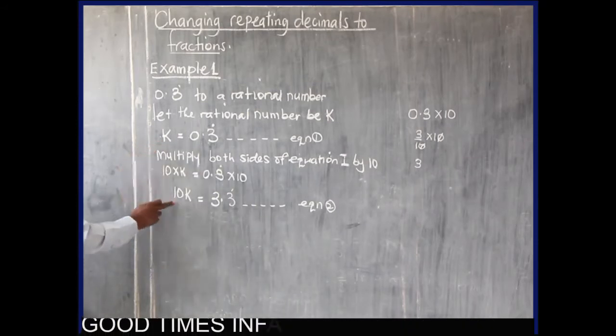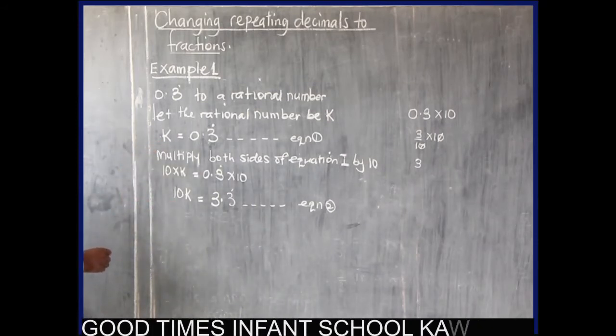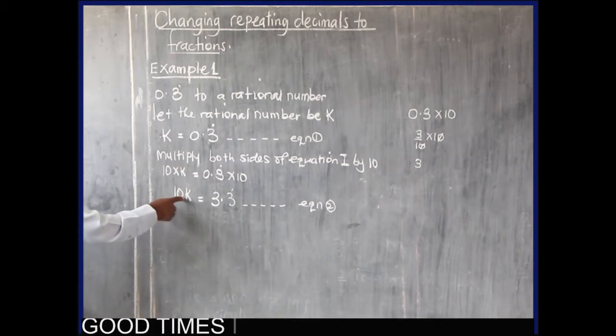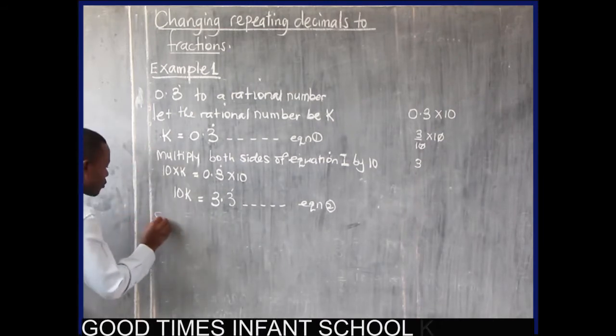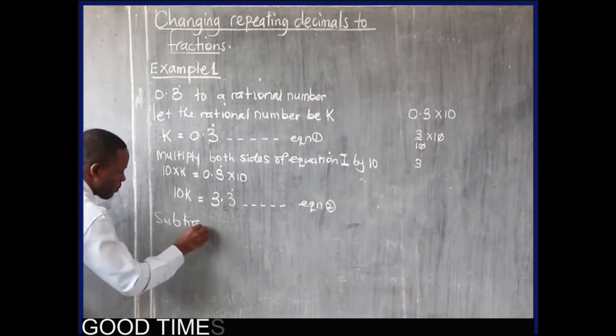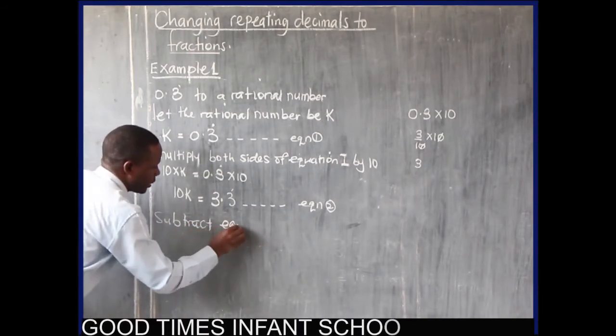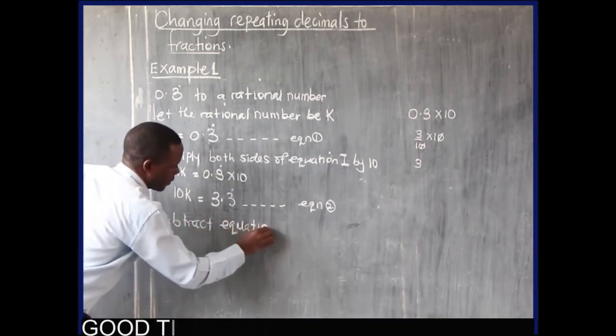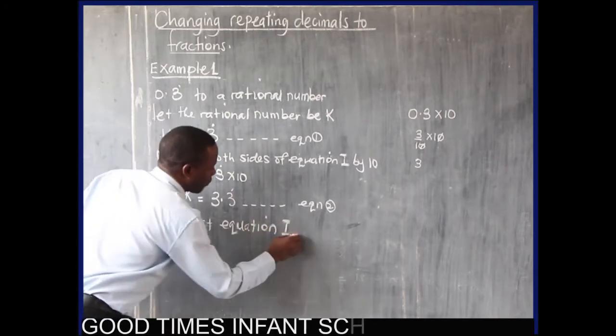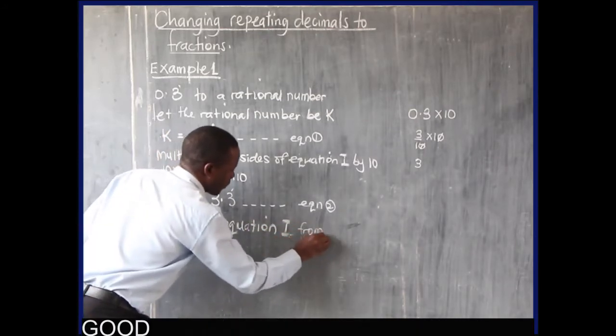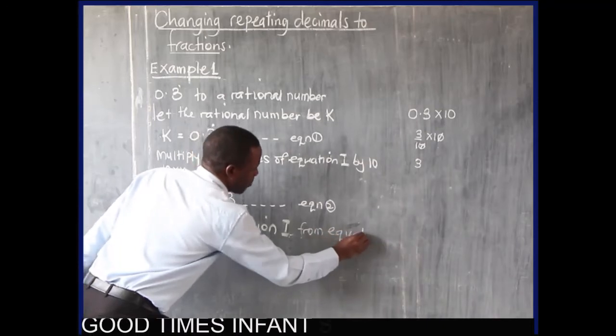Consider k and 10k, which is bigger. So you will see that 10k is bigger than k. So we shall say subtract equation 1 from equation 2.